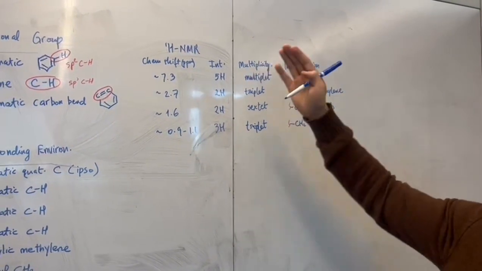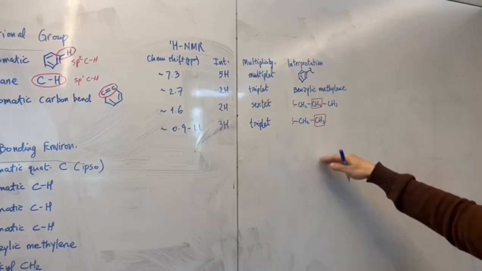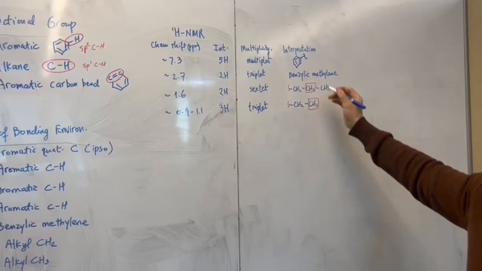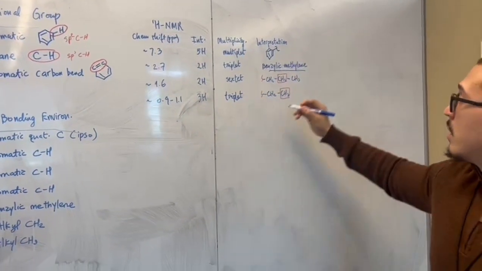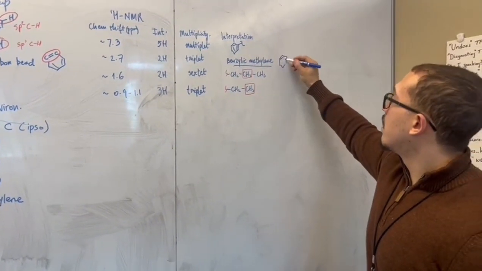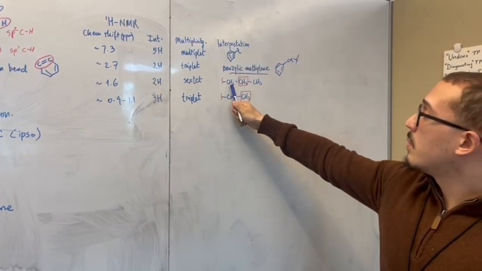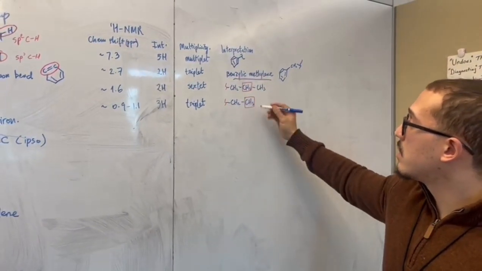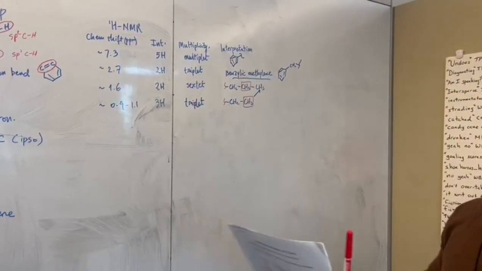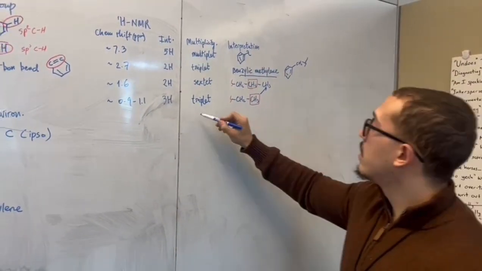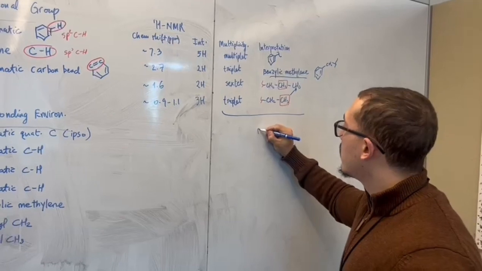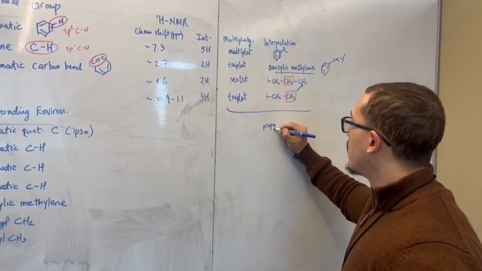We have our multiplet, triplet, sextet, and triplet, and this is the interpretation. You can see our benzylic methylene right here. We have our sextet, and this CH3 corresponds to that CH3. Putting it together, we get the compound propylbenzene.